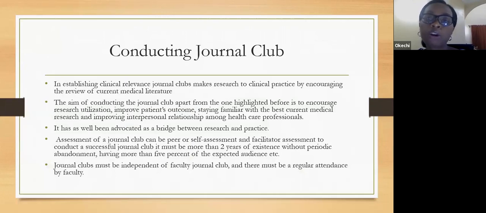Okay, so conducting a journal club, having talked about the people, the resources that we needed to anchor the different parts of the presentations. Now, conducting the journal club.